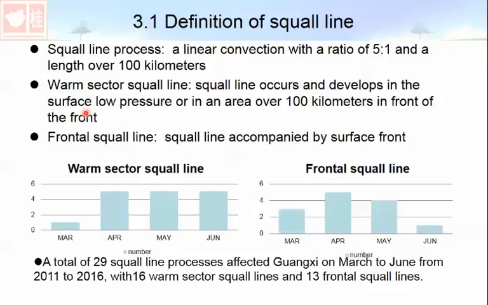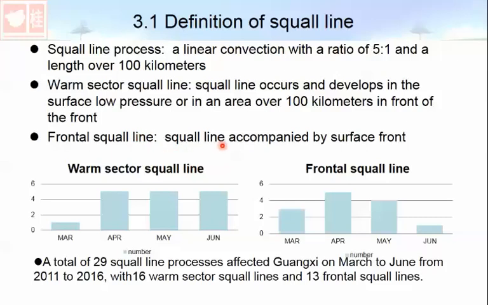Squall line occurs and develops in the surface low pressure or in an area over 100 meters in front of the cold front, which is defined as a warm sector squall line.